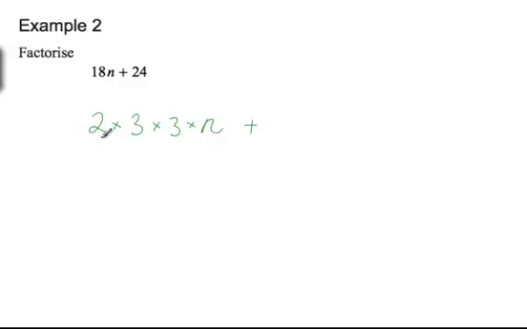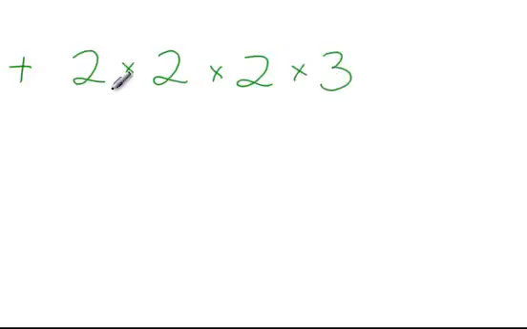That's the first term. 2 times 3 times 3 times n. That is 18n. Now, 24, can we divide that by 2? Yes. That gives us 12. Can we divide that by 2? Yes. That gives us 6. Divide that by 2? Yes. That leaves us with 3. So 2 times 2 times 2 times 3 is 24. And 2 times 3 times 3 is 18.